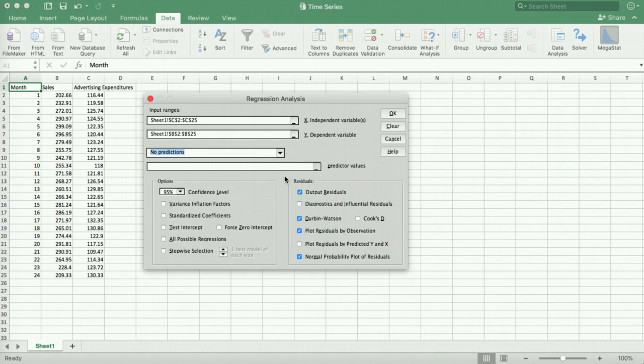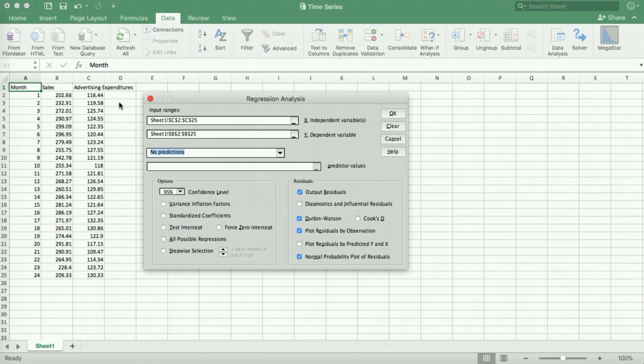Now, in order to validate the assumptions, I'll be checking the following. Here I have a check for output residuals, and then to check for independence or the presence of autocorrelation, I'll click Durbin-Watson. I'll also be checking this one, plot residuals by observation instead of plot residuals by predicted y and x.